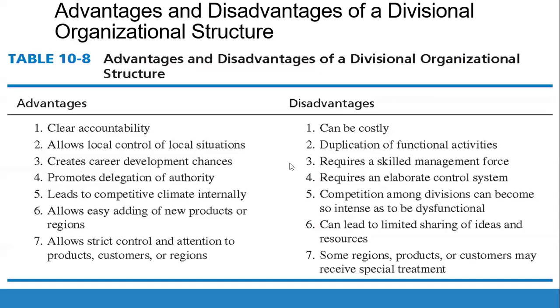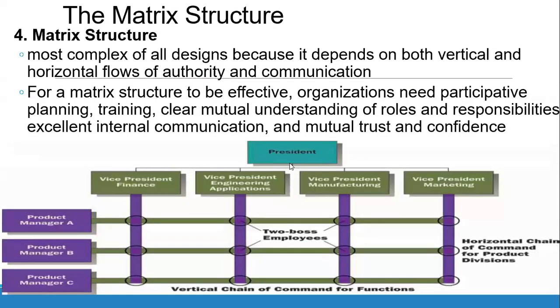So those are some of the advantages and disadvantages. Then there is the matrix structure. The matrix structure is normally endorsed by multinational enterprises that spread their production activities across the length and breadth of the globe to capitalize on economies of scale, cheap labor, and cheap raw materials.